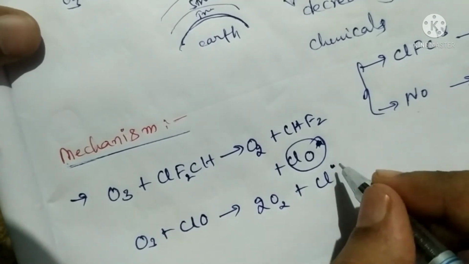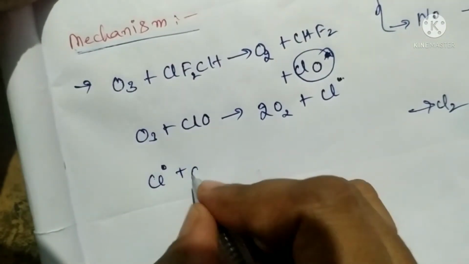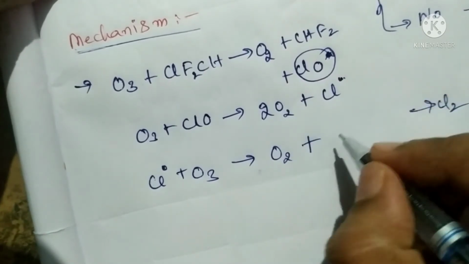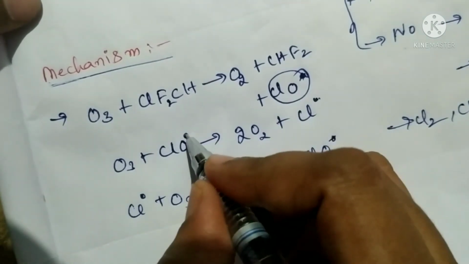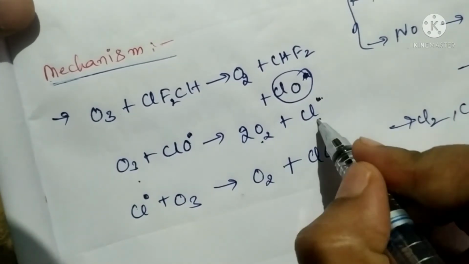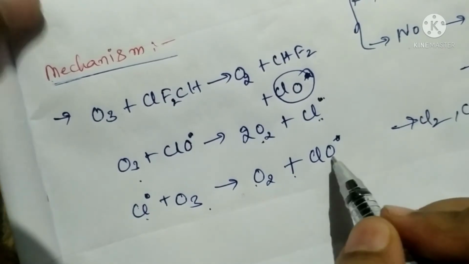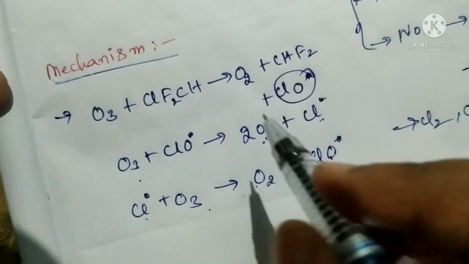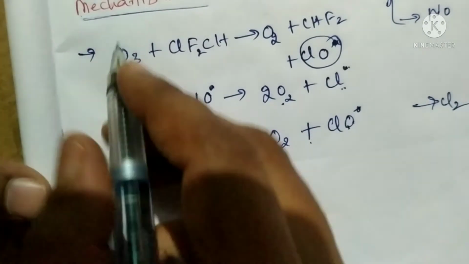Again this chlorine free radical reacts with ozone and releases oxygen gas, giving the chlorine oxide free radical again. This reacts with ozone and releases oxygen and a chlorine free radical. The cycle is repeated continuously. In this way the ozone in the stratosphere is decreased. This is due to the chlorofluorocarbons.